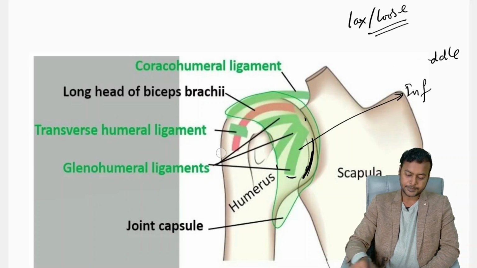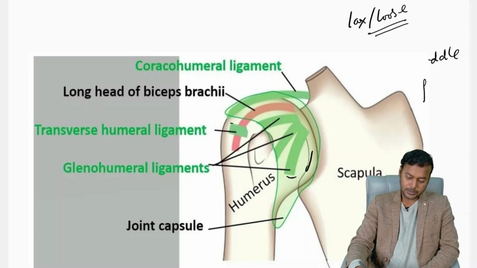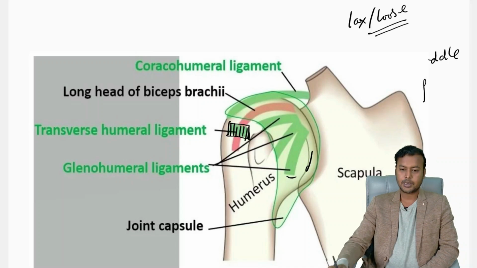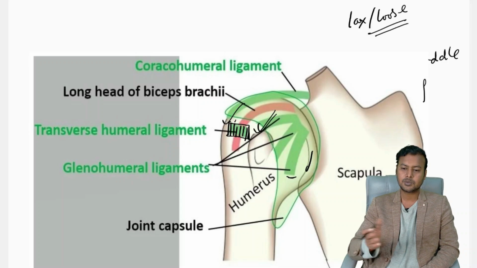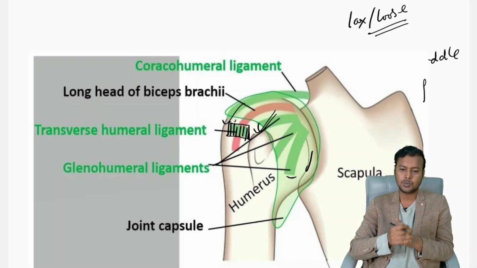Apart from that, you can see this short fibrous band running from the greater tubercle to the lesser tubercle. This transverse band generally runs over the bicipital groove, because we saw that in between the two tubercles we have the bicipital groove.